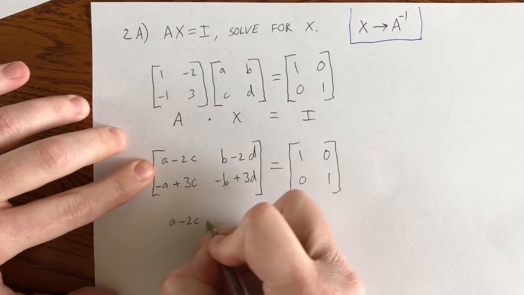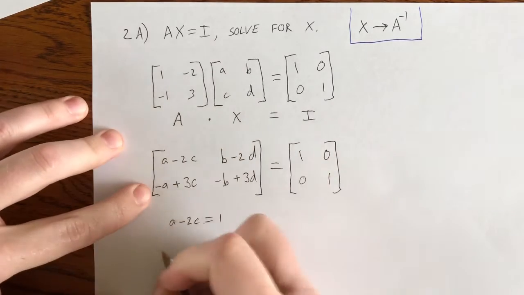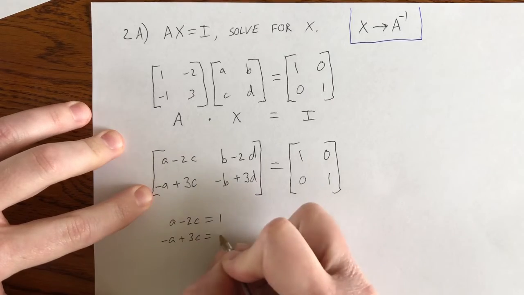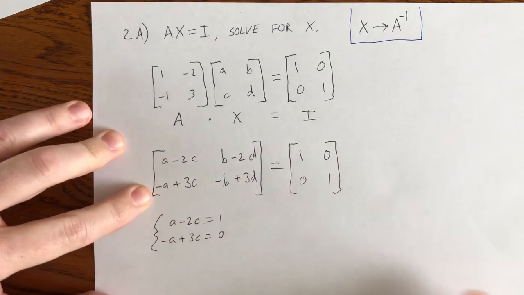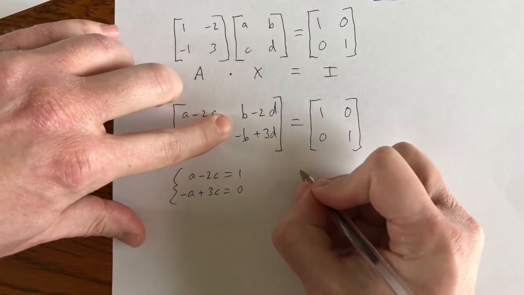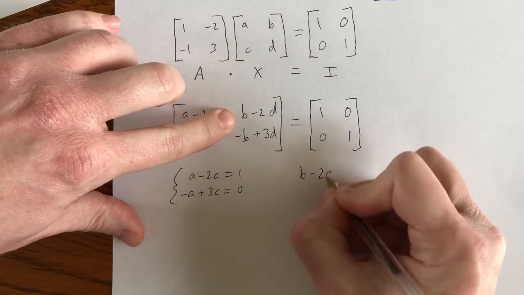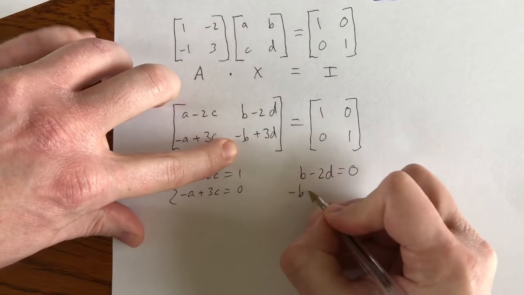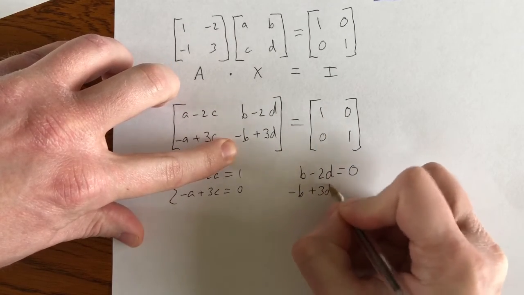A minus 2C equals 1. And negative A plus 3C must be equal to 0. This generates a system of linear equations. This is going to do the same thing. B minus 2D is going to be equal to 0. And then negative B plus 3D is going to be equal to 1.